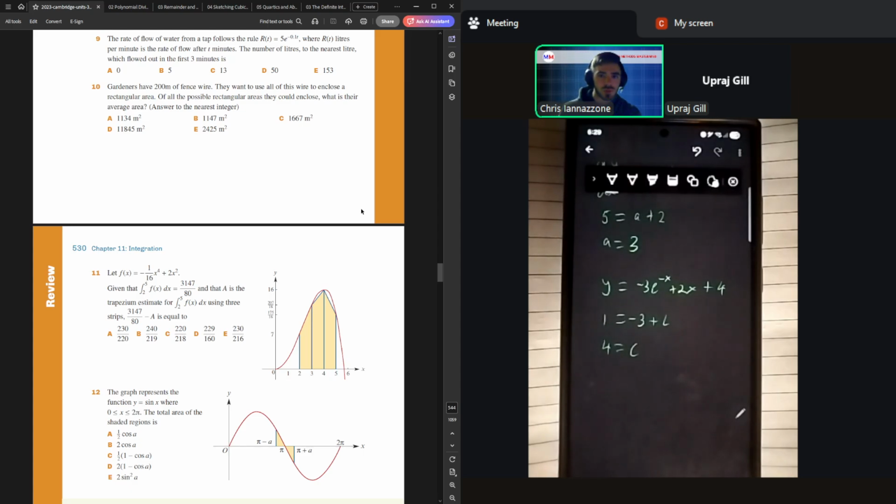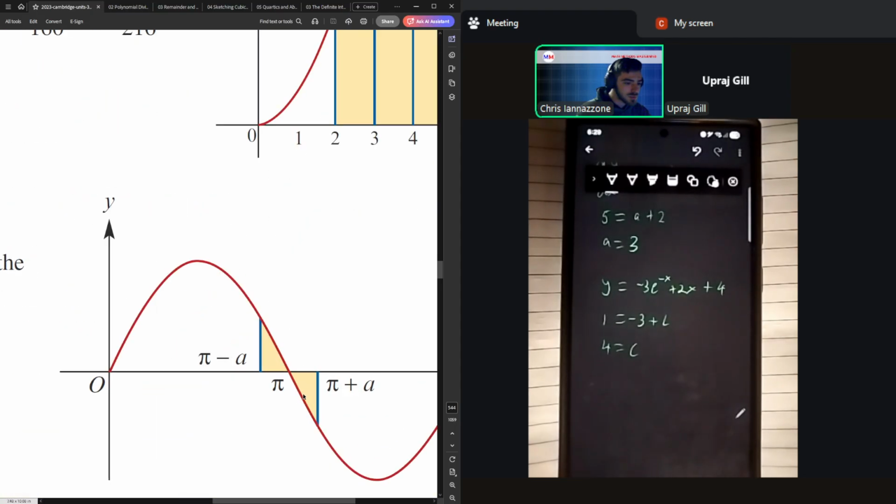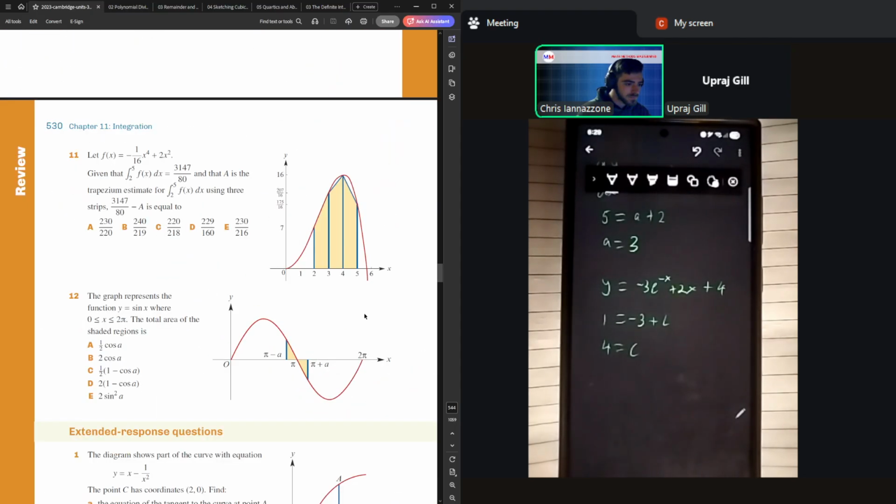Anything else, like total, like bound, any of those other keywords around area that's not signed, you consider to be the addition of the two. So in this case, for total area, you want to make this positive.